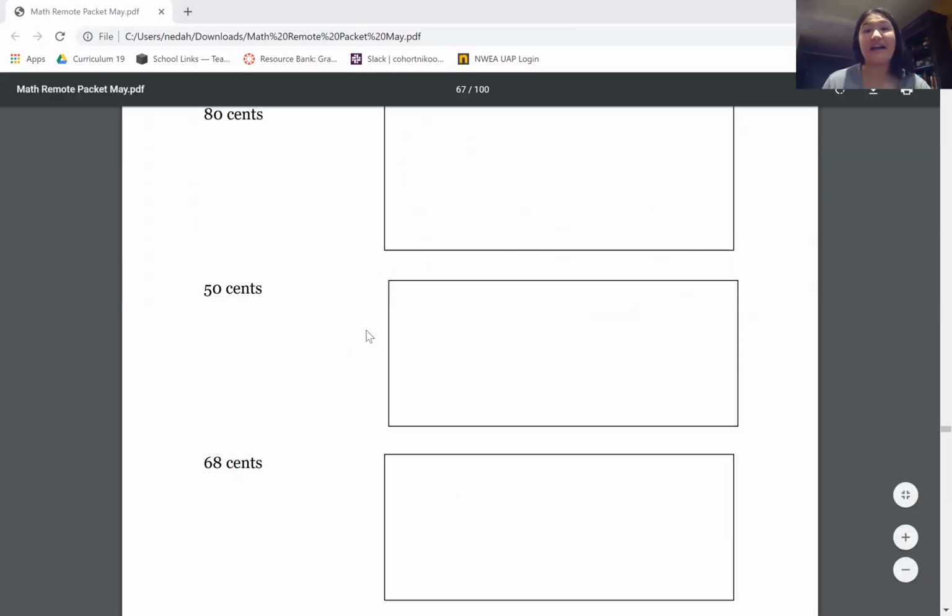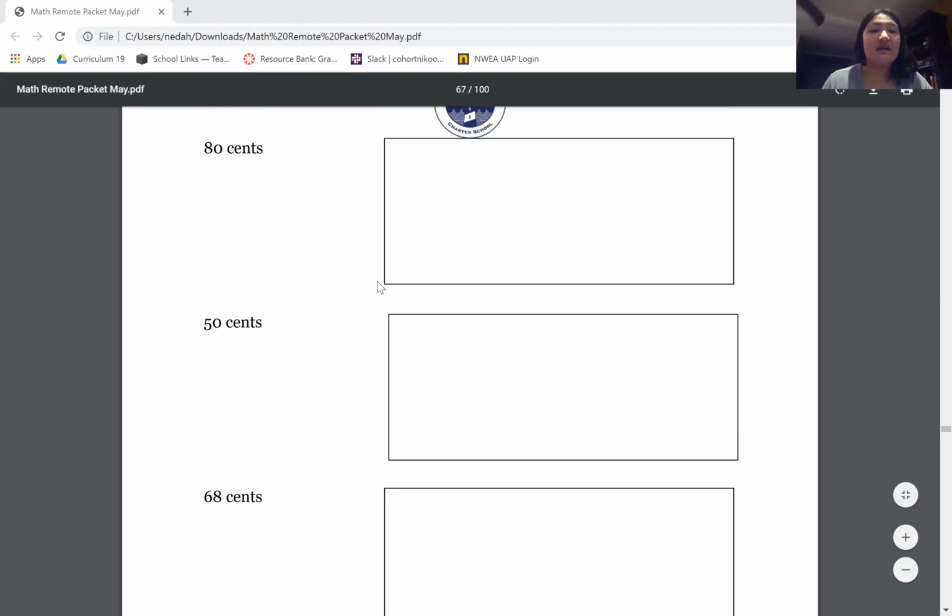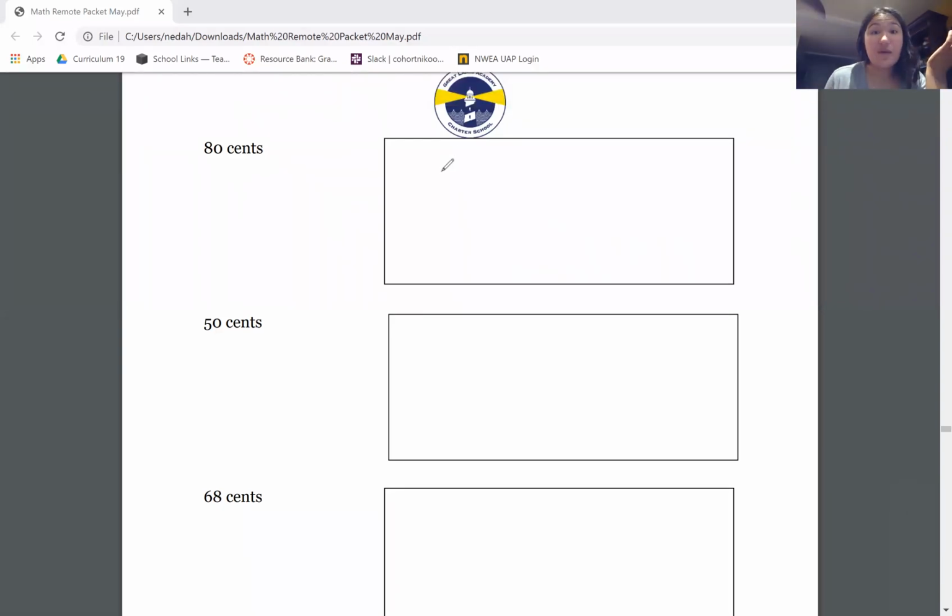If you have the packet, you are looking at this page. If you don't have the packet, that's okay. Write down 80 cents on your page and let's get started. Today, we are only going to be using dimes and pennies. We're going to use these 2 coins today to figure out how many of each is in these numbers, these cents.